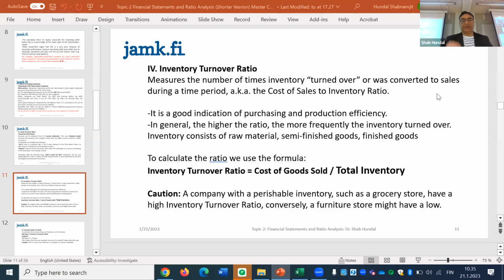Okay, so the next ratio we have is the inventory turnover ratio. It shows the number of times you can change your inventory into sales.